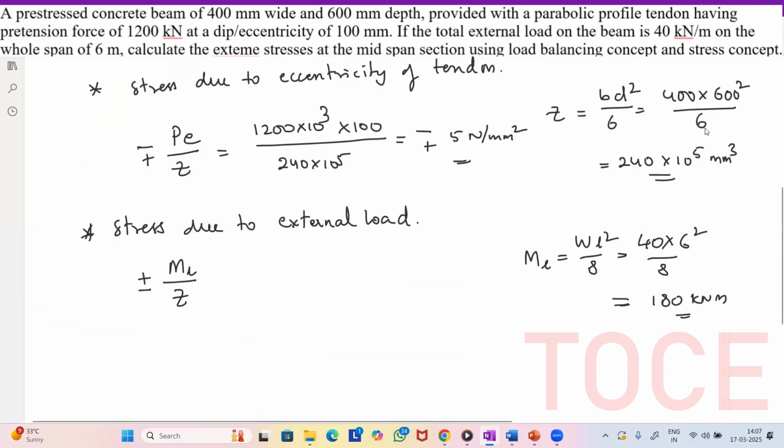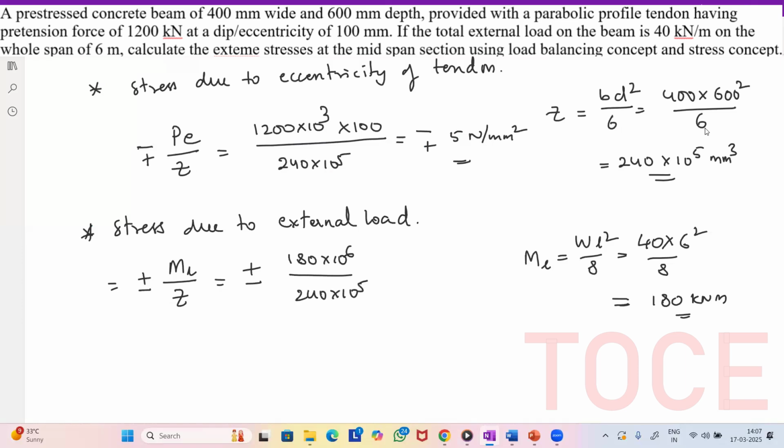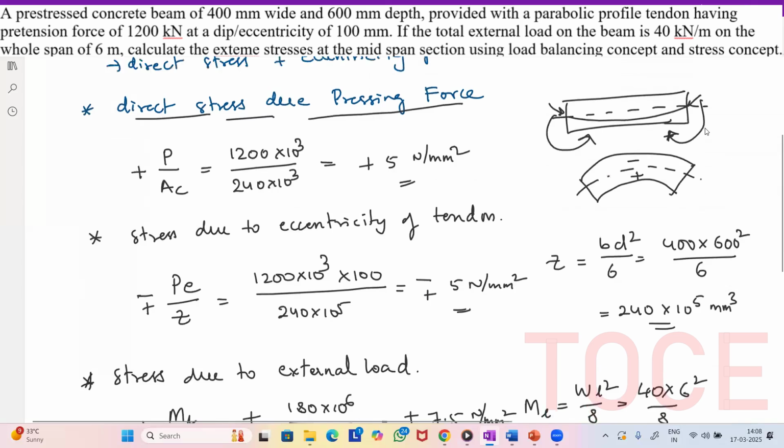Let us substitute the value: plus or minus 180 into 10 to the power of 6 in Newton mm, and Z value is 240 into 10 to the power of 5. If you calculate this, we'll get the value around plus or minus 7.5 Newton per mm square. I hope you know why I have given plus or minus, because due to the load, the beam tends to bend in a sagging shape, right?